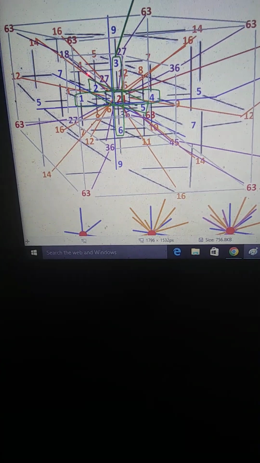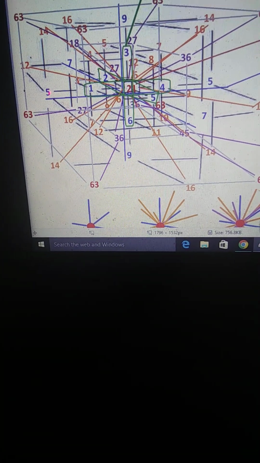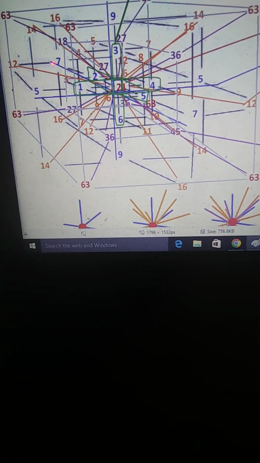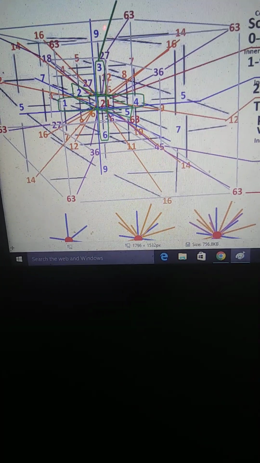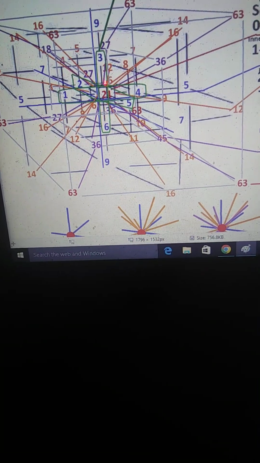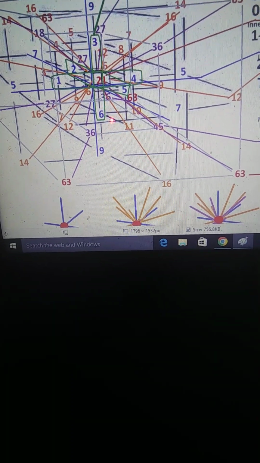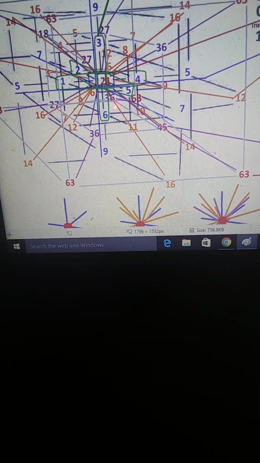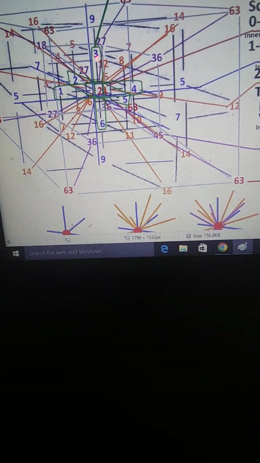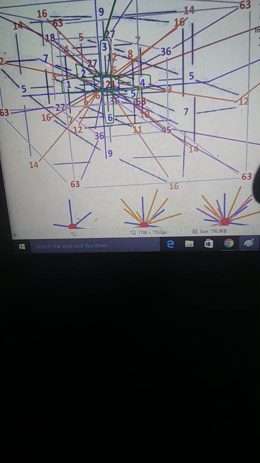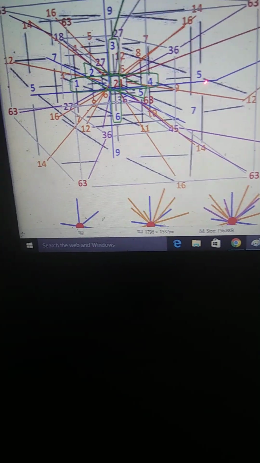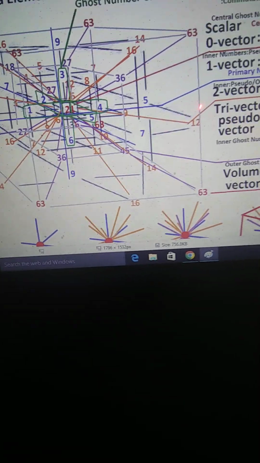And for these blue vectors, these lines, 5 on both sides, 7 on both sides on the outer, 9 on both sides, but on the inner cube, they're separate. They're different numbers that make up the pair.